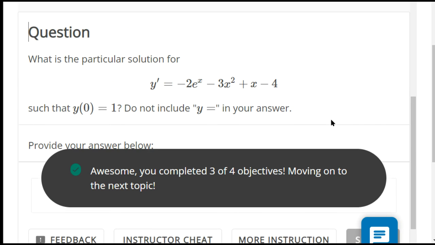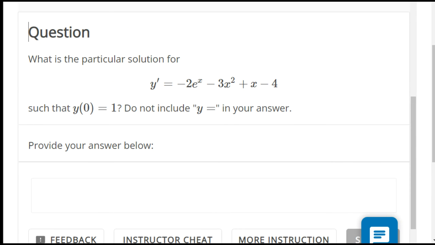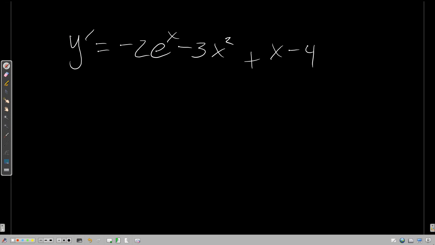What is the particular solution for this guy? Okay, well, this is where, when you do antiderivatives, the plus c gets pinned down as a particular constant. So we know that y prime is -2 e to the x minus 3x squared plus x minus 4. And we know that y of 0 is 1.